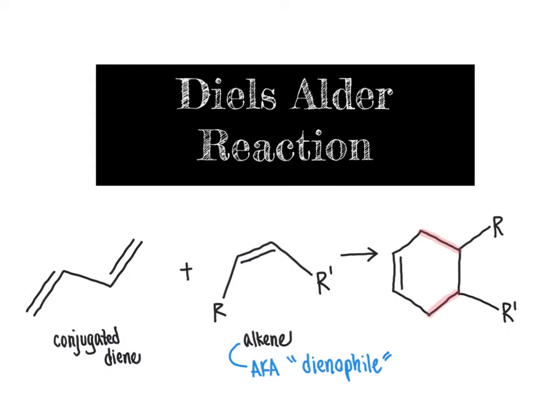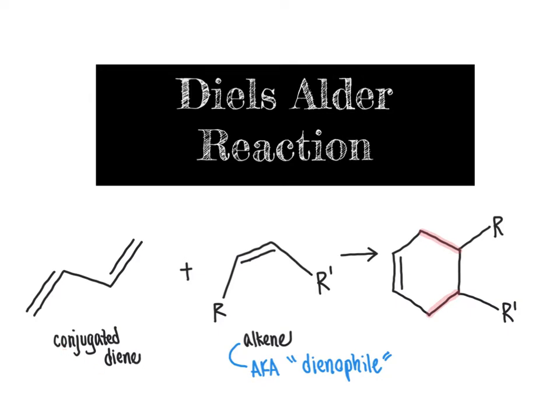Phile means love, so the alkene, what we're saying is it loves dienes. In other words, it really desires to react with dienes. So we will describe the alkene and the dienophile synonymously throughout this video, so get accustomed to seeing the word dienophile and reading that as alkene.